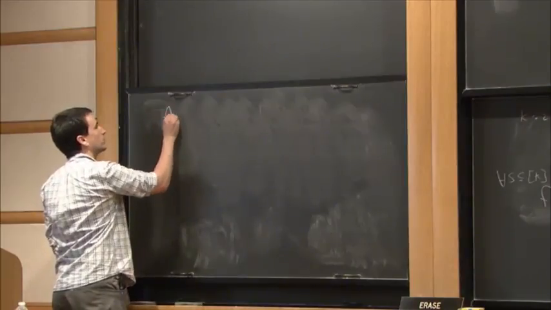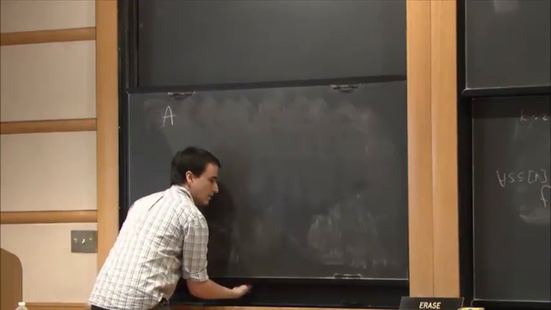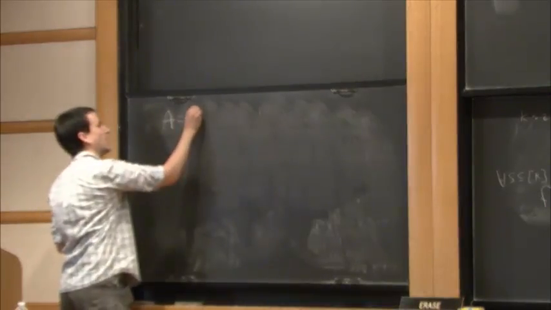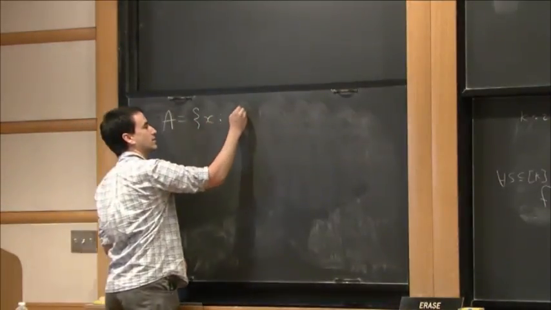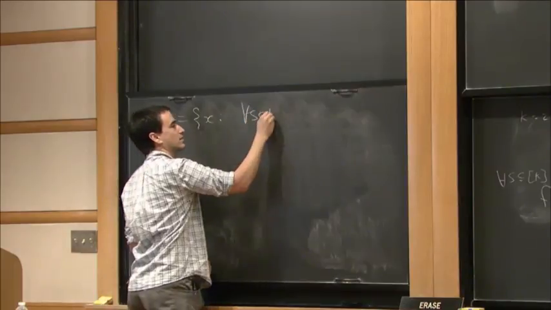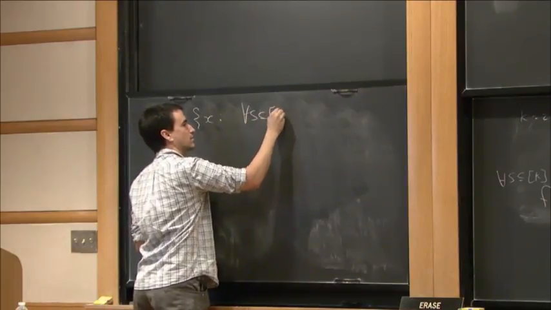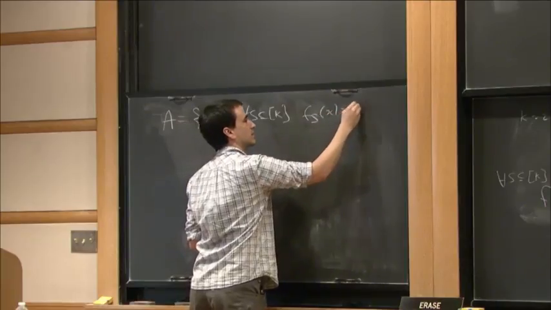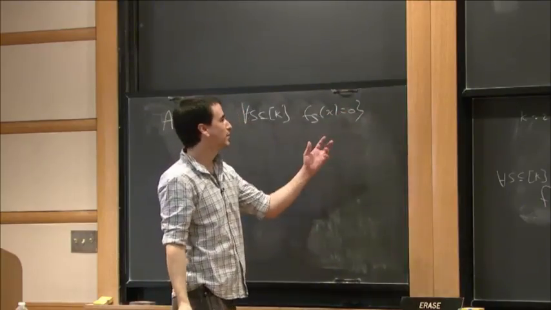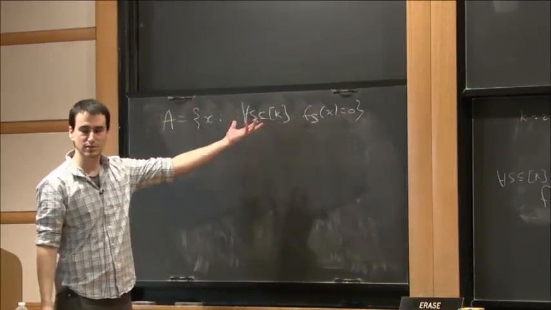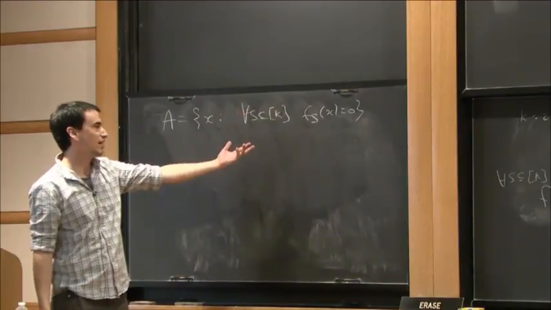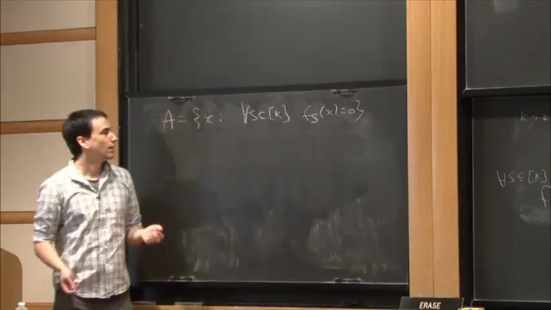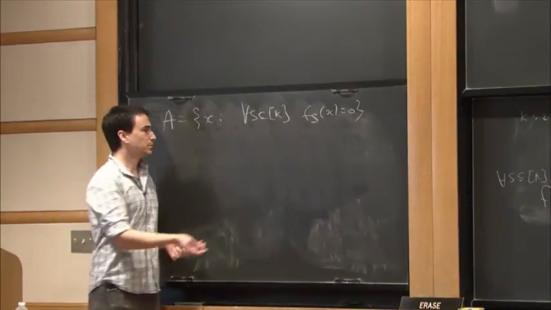So we now write A as the set of solutions to f_S of x equals 0. And by the example, this is exactly A. So what do we have here?